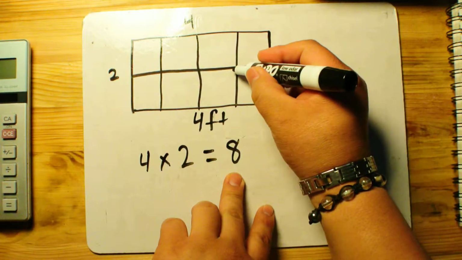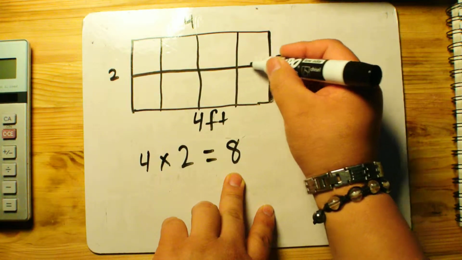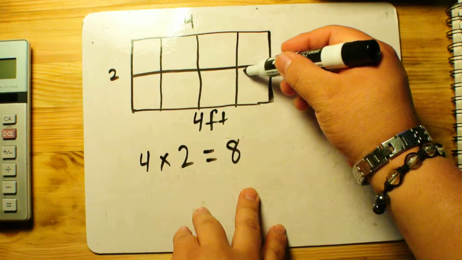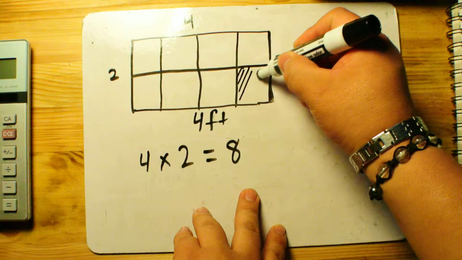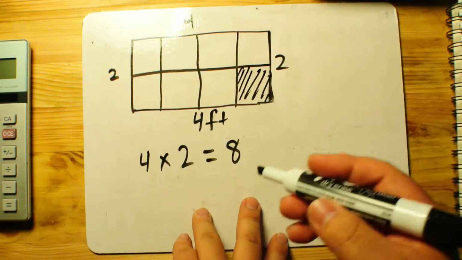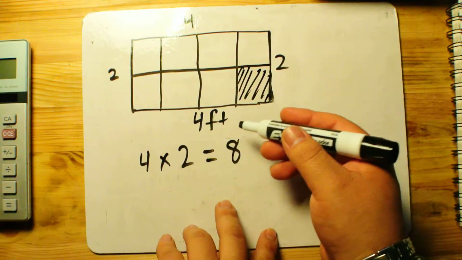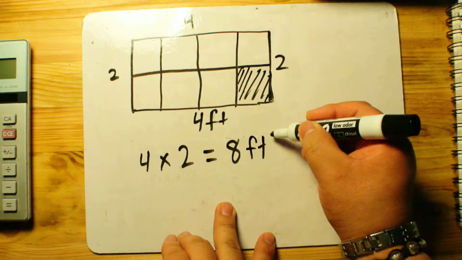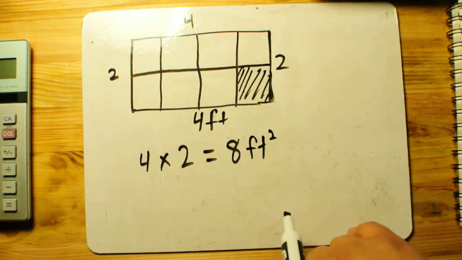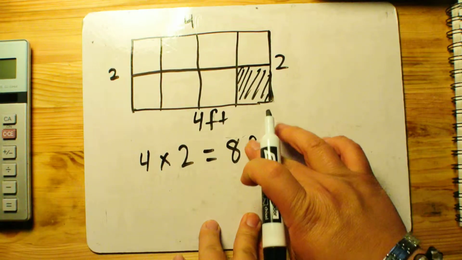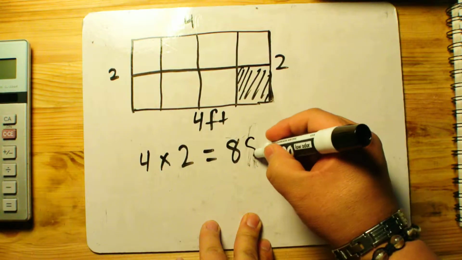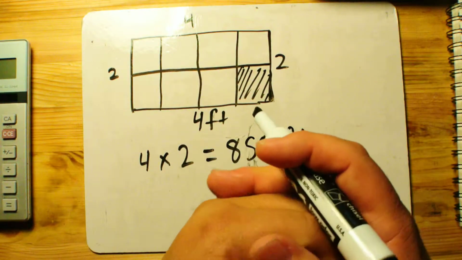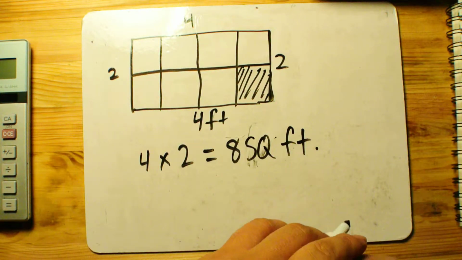And we're talking about squared units, the actual area, this space. So if we're talking about feet, you would say 8 squared feet, or you can just write it as SQ FT, squared feet.